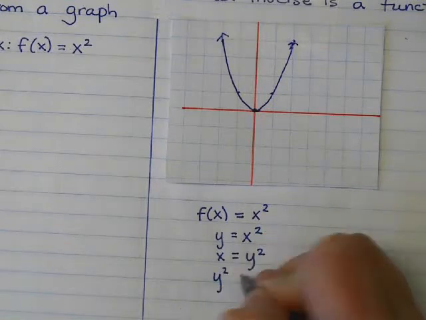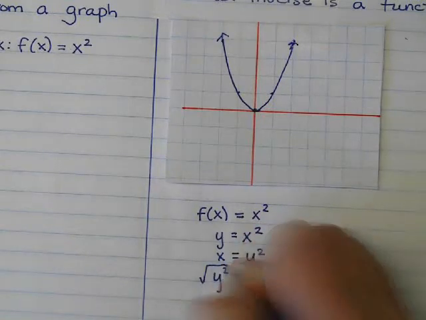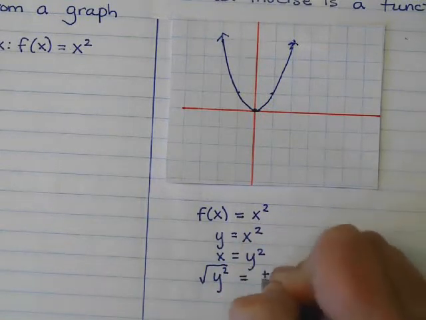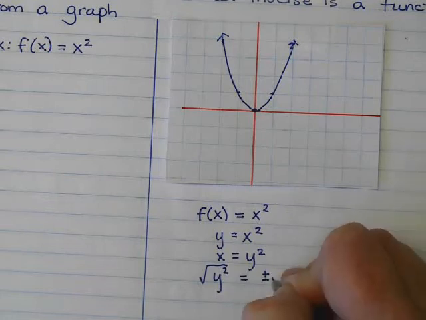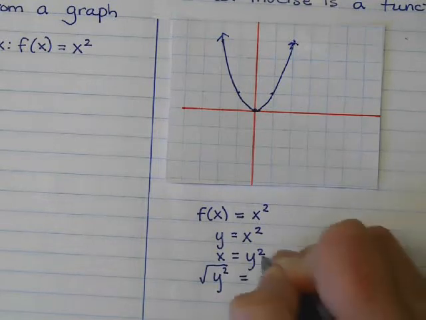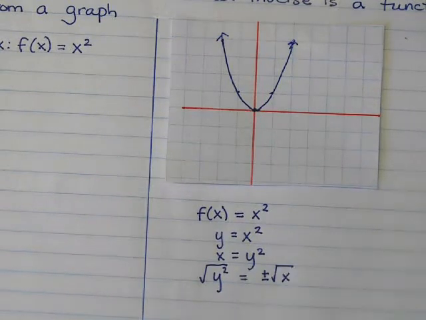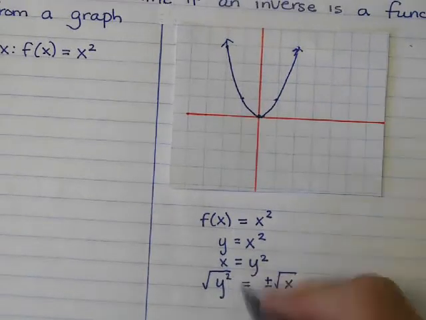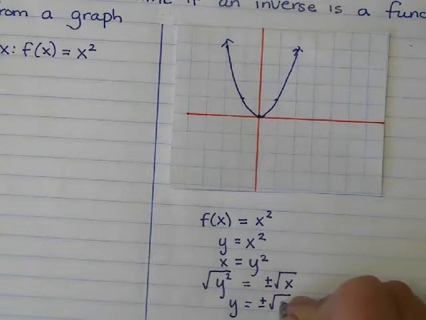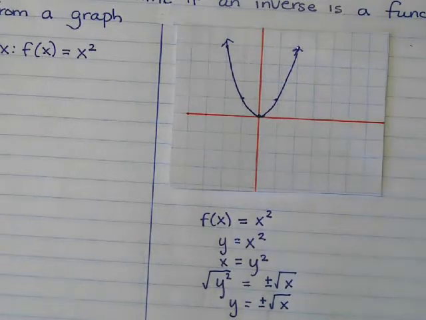So I'm going to take the square root of y squared, and then I could put that on there. And remember, if we're ever taking an even root, I could have written it to the 1/2. That means the same thing. So the square root of y squared is y, equals plus or minus the square root of x.